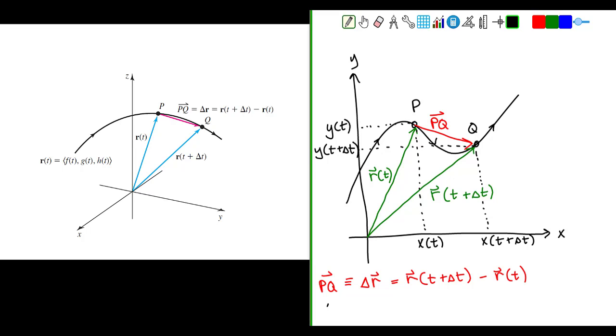Let's now look at what happens when we allow the change in the parameter to get smaller and smaller. In other words, as delta t goes to 0.